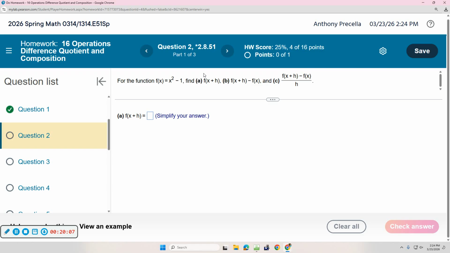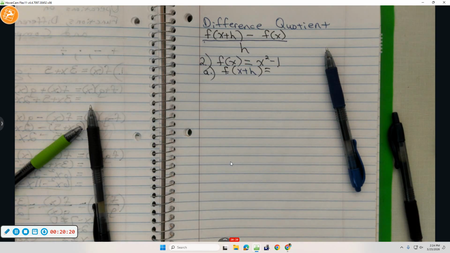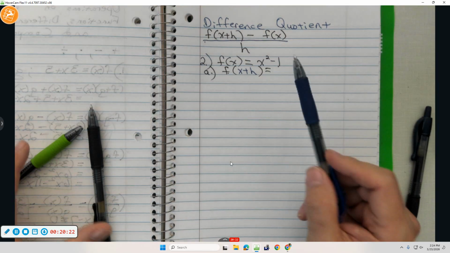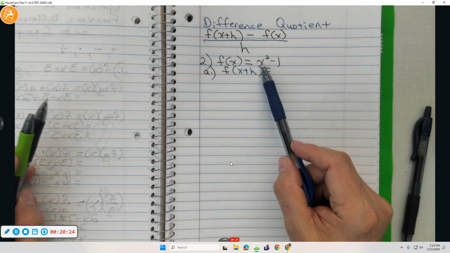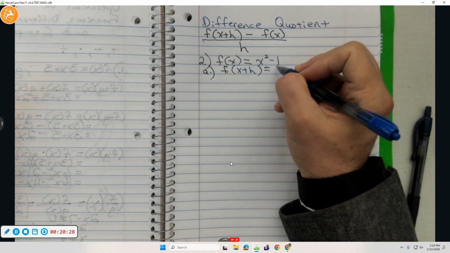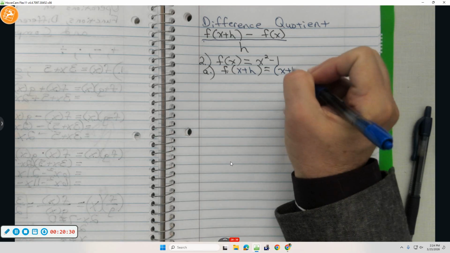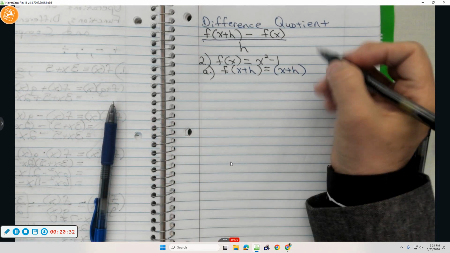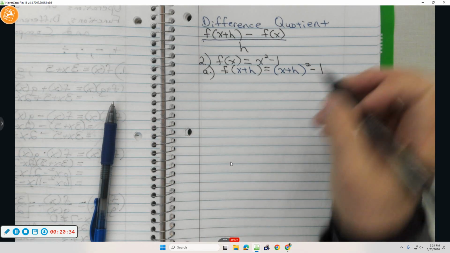So this may look sort of weird to you. We're going to replace that single letter x with x plus h. Thanks for reminding me to switch. We come over here. We've replaced that x with x plus h. We still have that little square on it, minus 1.